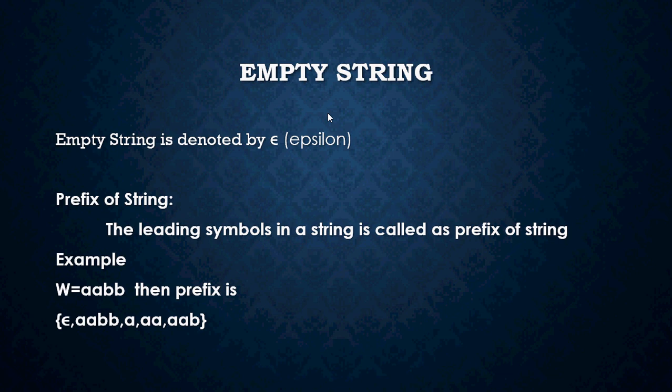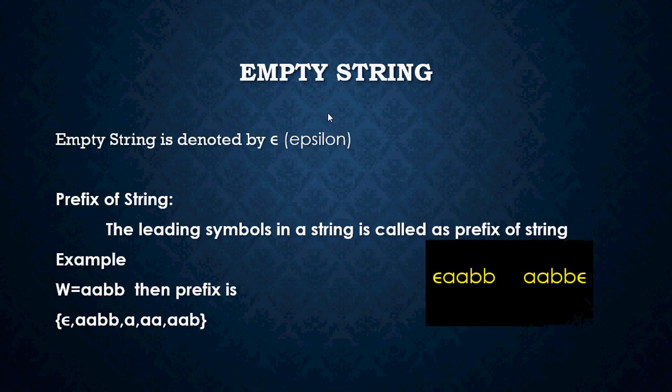Now you will be perplexed to note that there is an epsilon and AABB as prefixes here. How come? When you take the string AABB, you can assume there is an epsilon before this AABB. The presence of epsilon does not change the string. Similarly, you can note that an epsilon is after the string AABB.